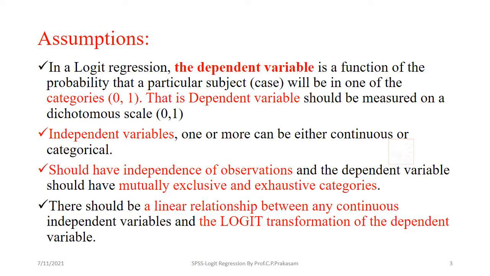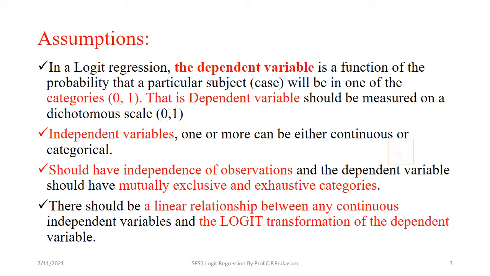What are the assumptions involved in logit regression? In a logit regression model, the dependent variable should be dichotomous, that is, the probability that a particular subject will be in one of the categories, either 0 or 1.